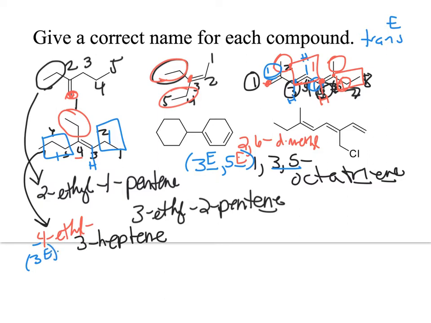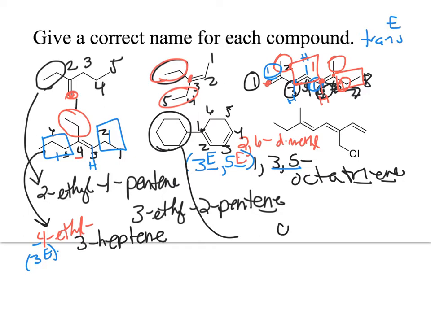Okay, going to the next reaction here, we have a cyclo compound. We've got to give the higher priority to the carbons in the ring here. So we're going to count this as 1, and we're going to go clockwise to give it the lower numbering. And this is a cyclohexyl group as our substituent.